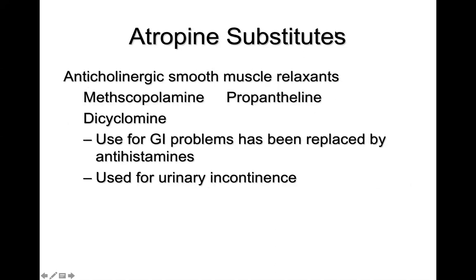We also see some drugs that fall into a group including methscopolamine, propantheline, and dicyclomine. Of these three, we probably saw dicyclomine used more. But as we've gotten better drugs, and we'll talk about this either later this afternoon or tomorrow morning, some of the H2 antagonists, the antihistamines, are actually much better.